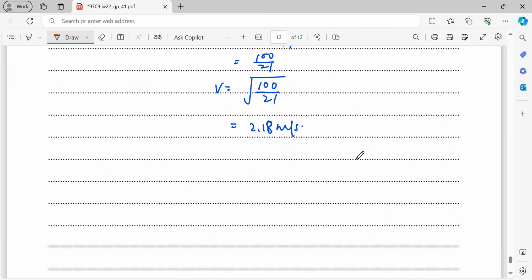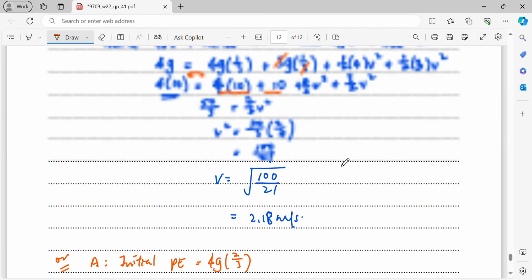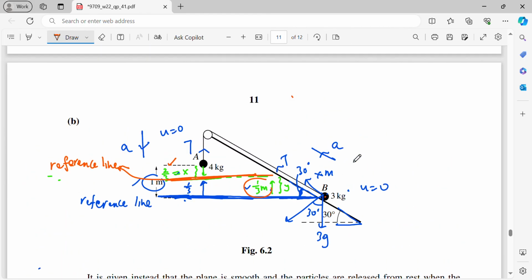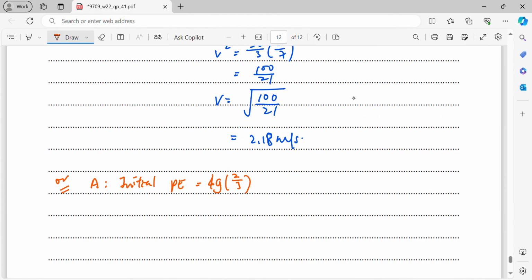So now, for the A, initial PE will be mg, the H is 2 over 3, because now you refer to the orange reference line. It is 2 over 3 above the orange reference line. Therefore the initial KE remains as 0.